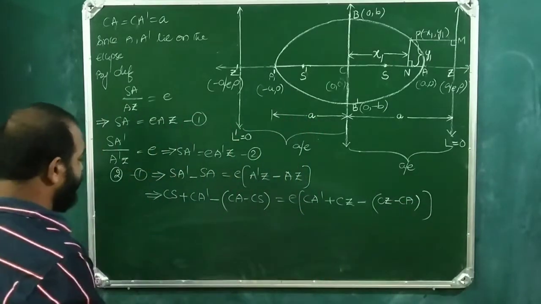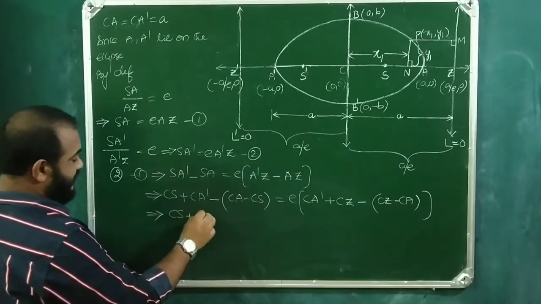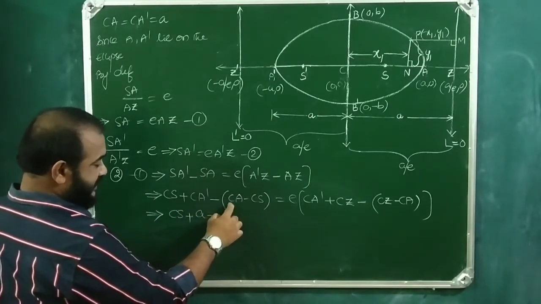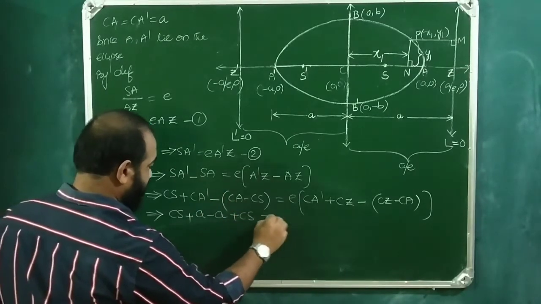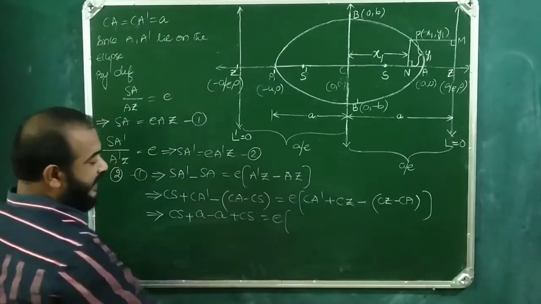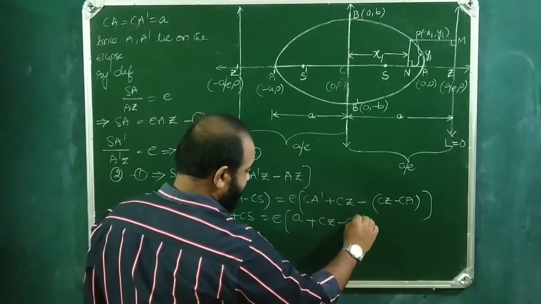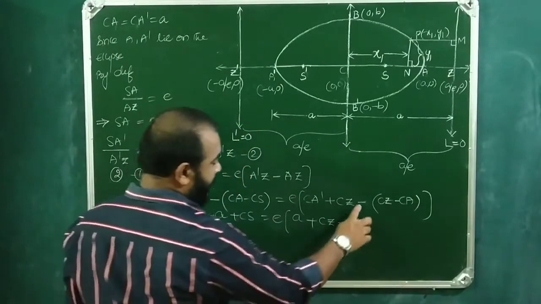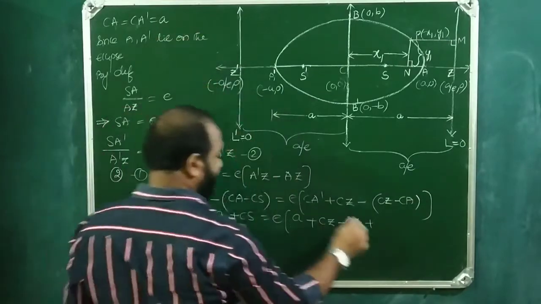This is equal to CS plus CA dash is a, minus of minus CA, plus CS, is equal to e into CA dash is a plus CZ minus CZ. Minus into minus is plus CA, and CA is equal to a.